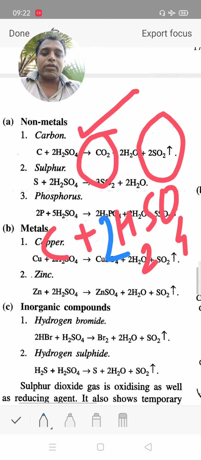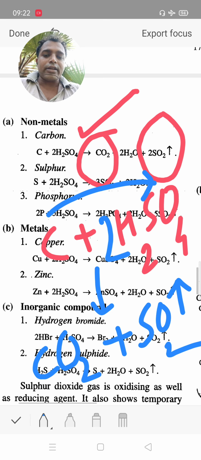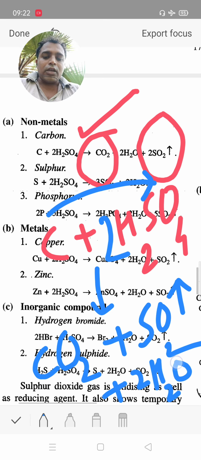Then carbon combines with oxygen; there are 2 oxygens, so CO2, plus SO2 gas evolved, sulfur dioxide, and removal of 2 times water. It is a best oxidizing agent. When carbon, a non-metal, reacts with sulfuric acid, it gives carbon dioxide and sulfur dioxide evolved.